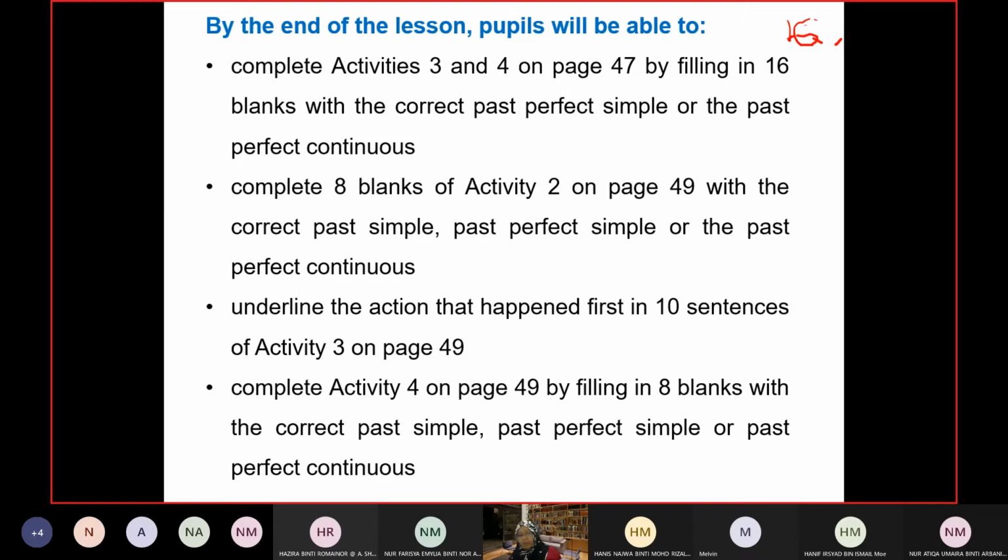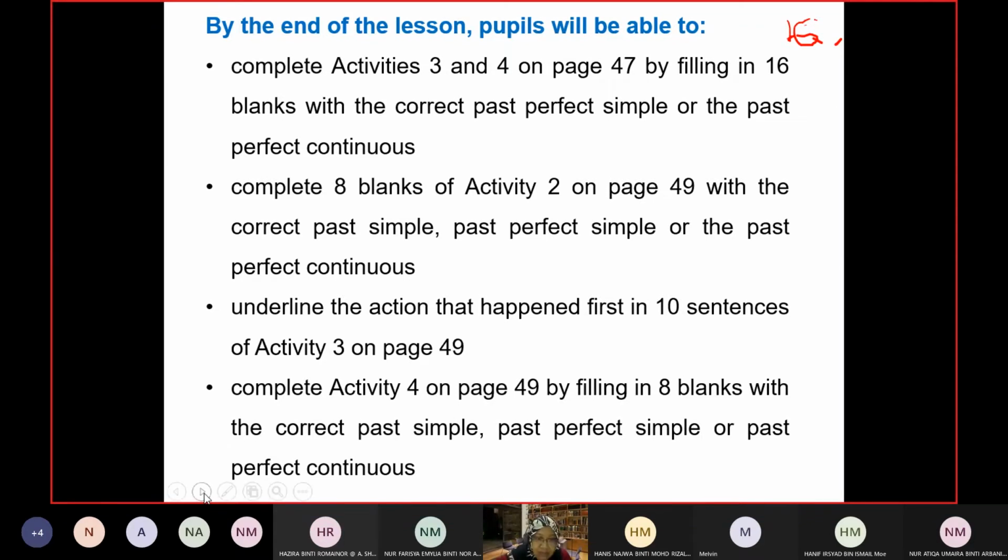Awak kena guna past simple tense bila kedua-dua perbuatan tu terjadi sebaik saja perbuatan pertama tu habis. Maksudnya dia tak ada gap between the action. Example, I chose the right size and tried the dress on. Maksudnya dia pilih size dan terus try. Perbuatan tu dia sekaligus berlaku serentak tanpa ada gap waktu yang lama. That's why you use past simple tense only.